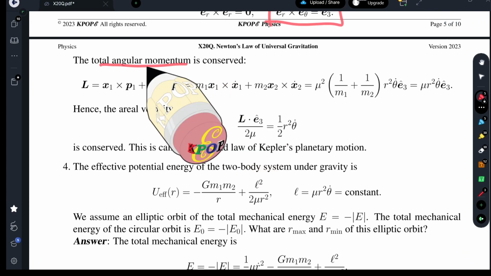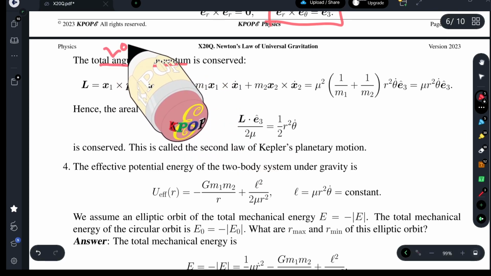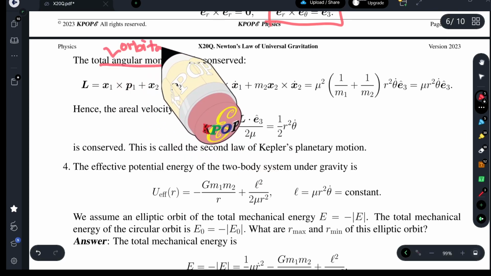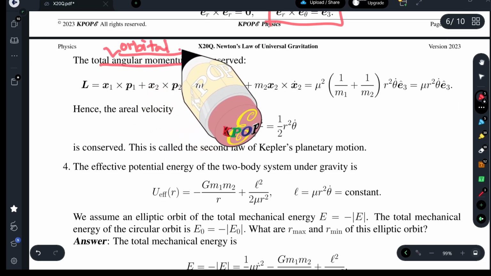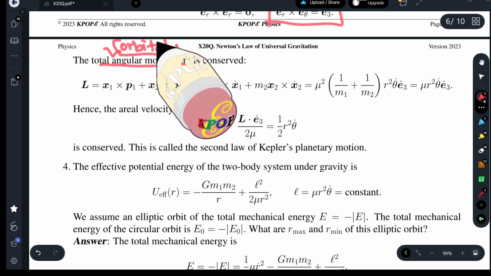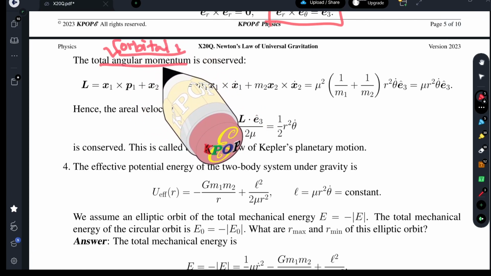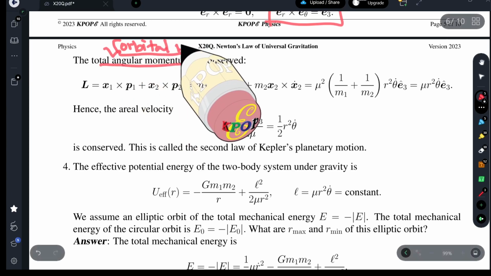The total angular momentum, and actually this orbital angular momentum. In classical mechanics, the angular momentum is the only one that represents the angular momentum, that is the orbital angular momentum.